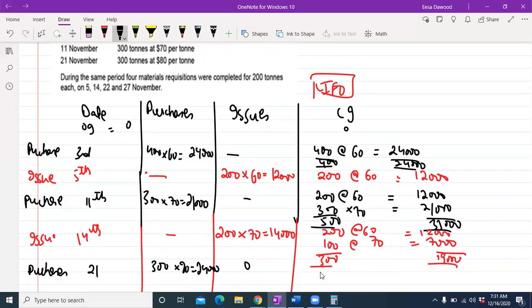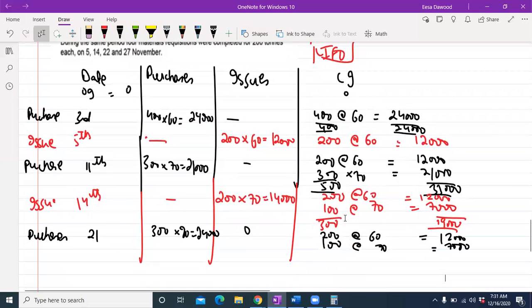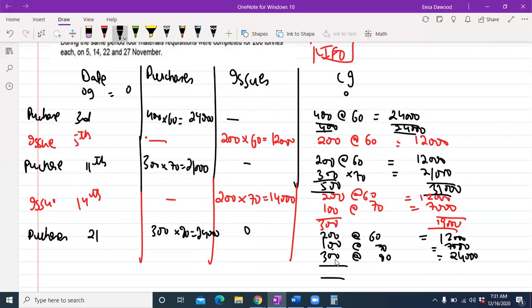No issues on that day. What do we have in the inventory? We have 200 at 60, 100 at 70, and the latest one, we bought 300 at 80, 24,000. So now we have 300, 400, 500, 600 units.